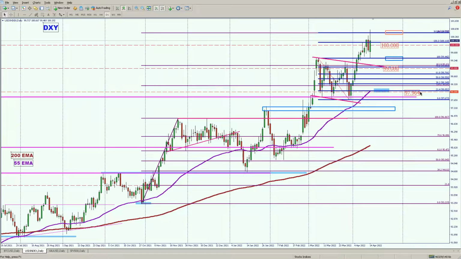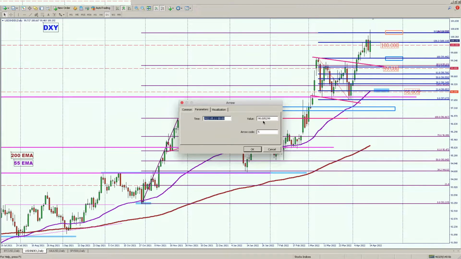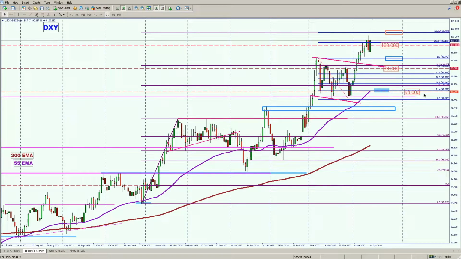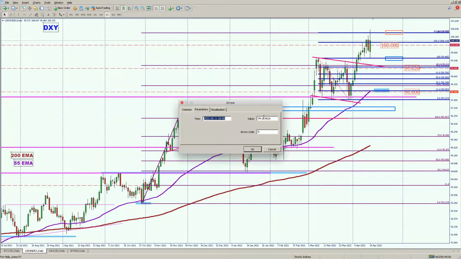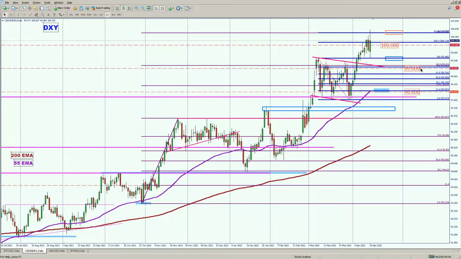Let's move this over to a clear area. So this is 98. Let's move this over. The 100 level.